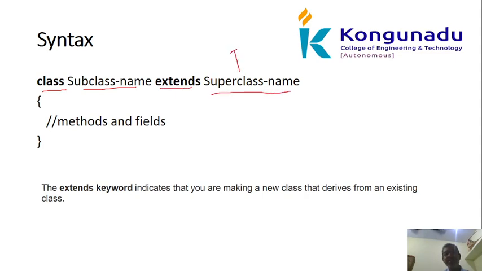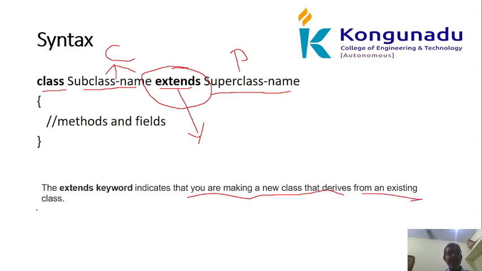The superclass name represents the parent class, and this one is known as the child class. The extends keyword is the main important thing. Whenever you use this keyword, you should understand that we are using the inheritance concept. The extends keyword indicates that you are making a new class that derives from an existing class. So remember, extends means inheritance.